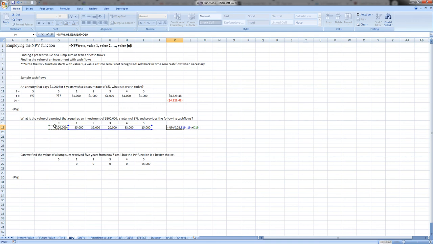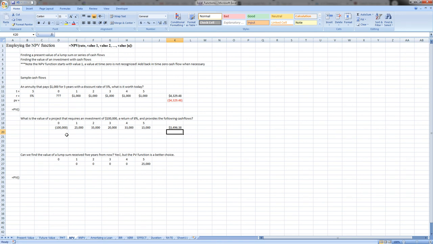If this cash outflow wasn't shown as a negative, we would subtract it, but it's properly referenced as a cash outflow at time 0, so we add it back in. We can see that this investment improves our wealth by $3,496.38. So this is a project we would consider investing in because it adds value. That is, if we started with 100,000 times 0, by taking on this investment, we're $3,496.38 better off.